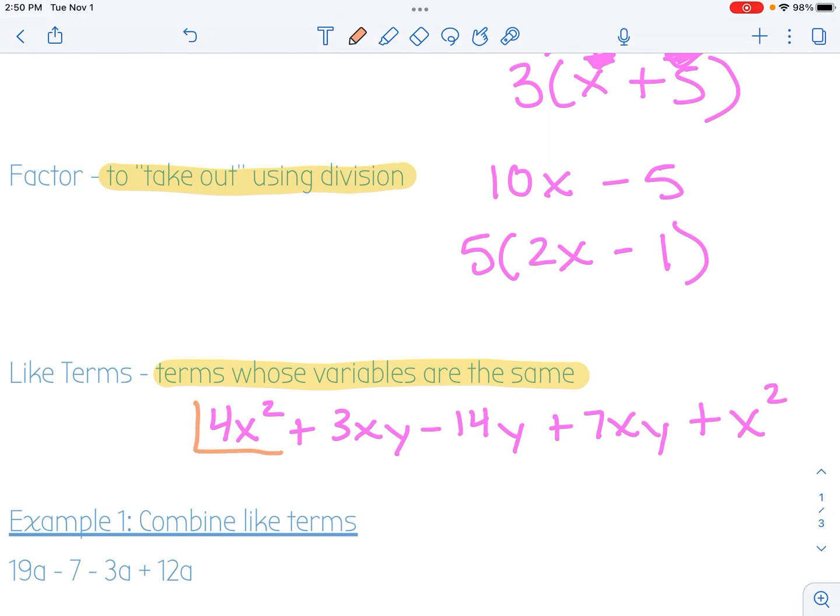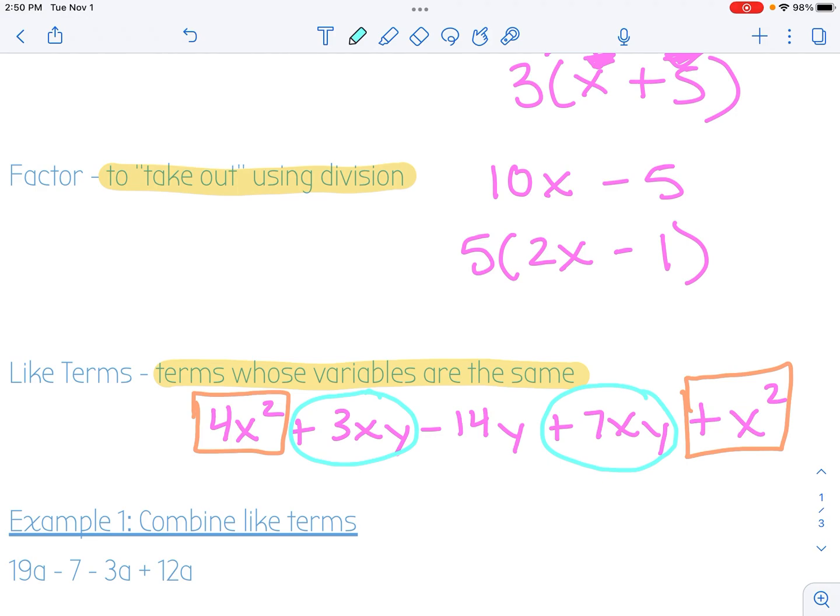So for instance, 4x squared, is there any other term here that also has the x squared? So x squared is the same, so I would be able to combine those together. Other like terms I see, if I have 3xy, is there any other term with an xy? There's also the 7xy.